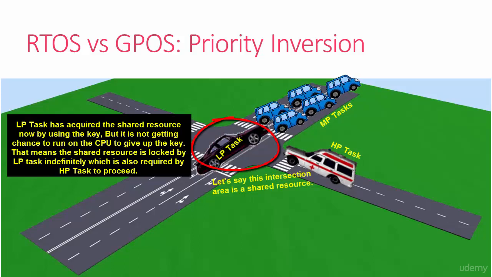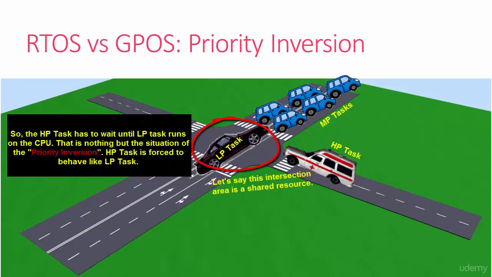So until the lower priority task runs, the key will be locked for this shared resource, and the higher priority task cannot access it. So the higher priority task has to wait until the lower priority task releases the key, causing the inversion in priority. In GPOS, this is not at all a major issue.